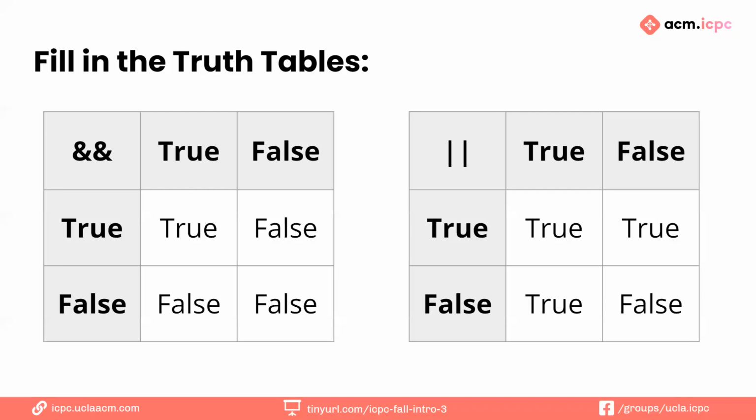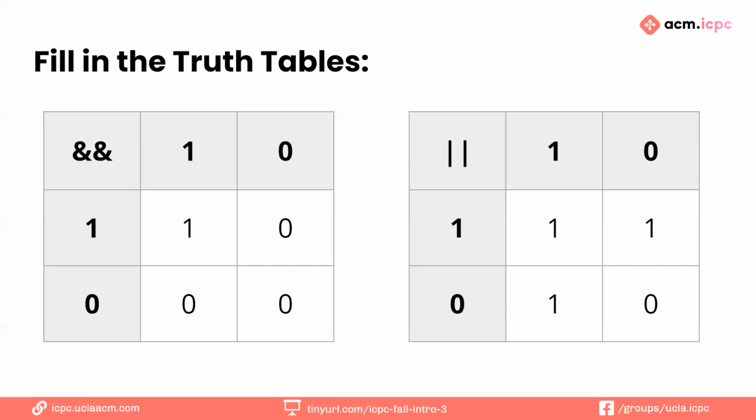You might notice that Booleans are very similar to bits. They can also take two values, 1 and 0, just like true or false in this case. So that intuition is correct. We can actually perform the same operations on bits. If you encode true as 1 and false as 0, you get the following result.